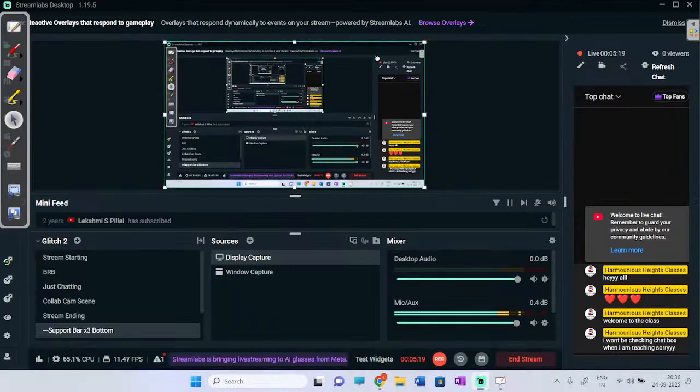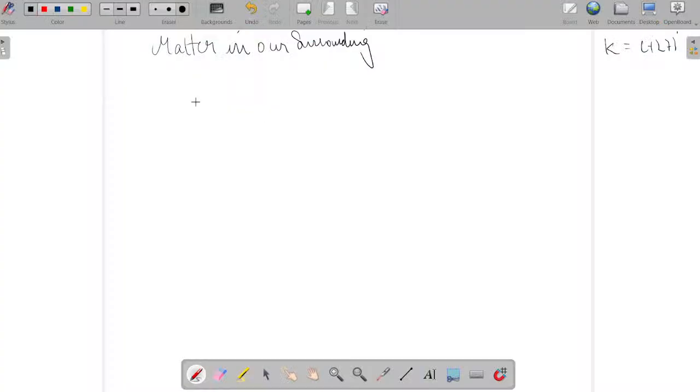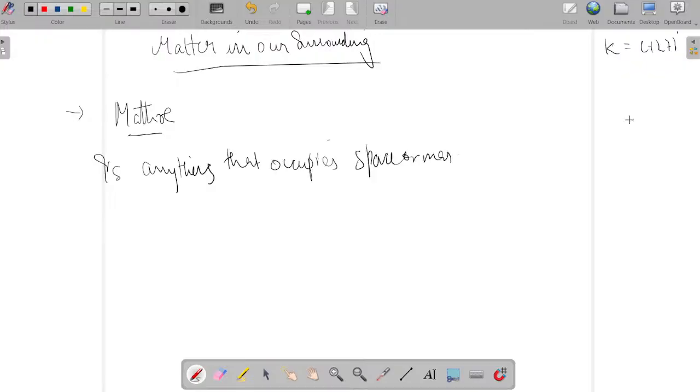Okay, now it's clear. We will move on to the chapter Matter in Our Surroundings and discuss what is matter. Matter is anything that occupies space and has mass. Mass is the amount of substance.